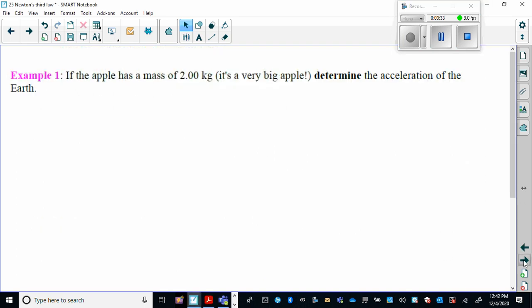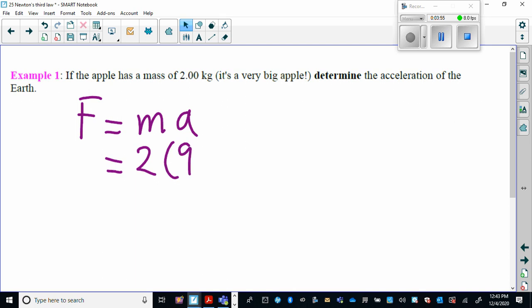So let's do this example right here. An apple has a mass of 2 kilograms. Determine the acceleration of the earth. First of all, we find how much force the earth exerts on the apple, F = m × a. The apple has a mass of 2 kg and is going to accelerate, we know, at 9.81 meters per second squared.